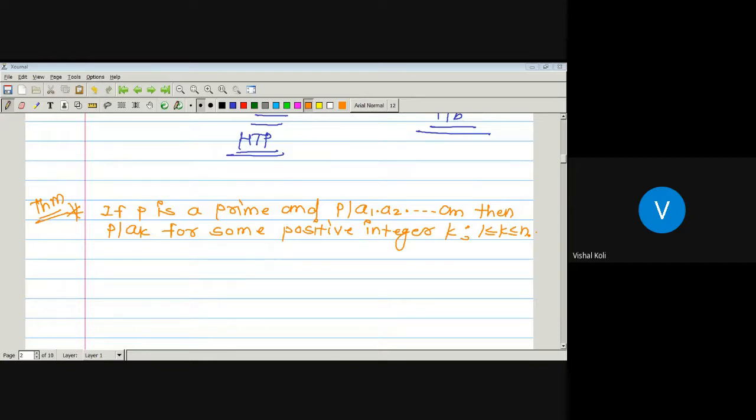Then we have to show that P must divide AK for some positive integer K. That is, whenever P divides the product of these n integers, then it must divide at least one among them.